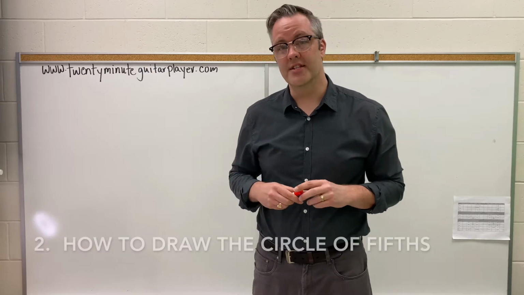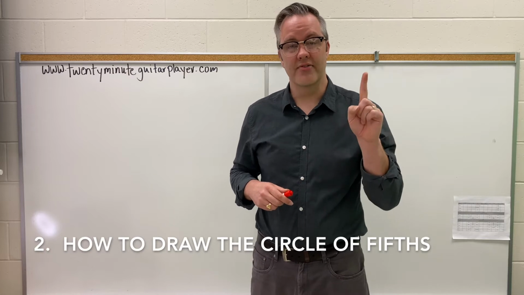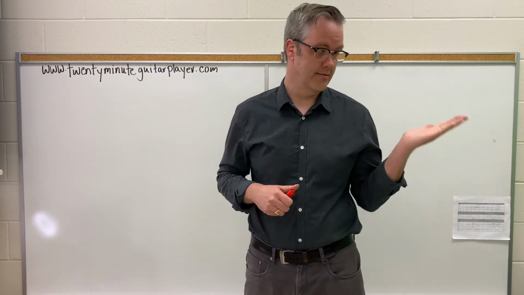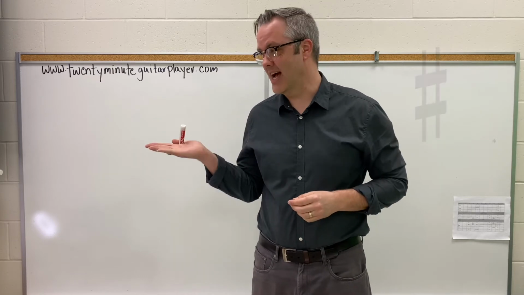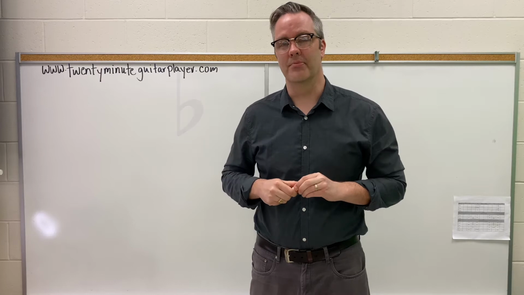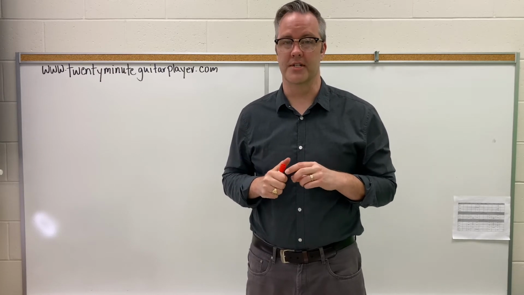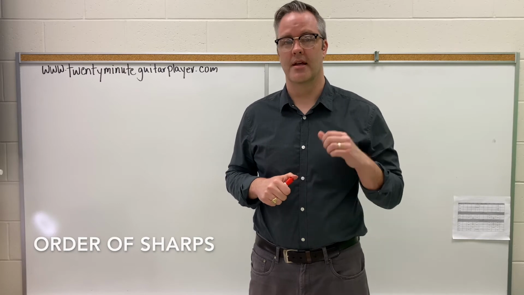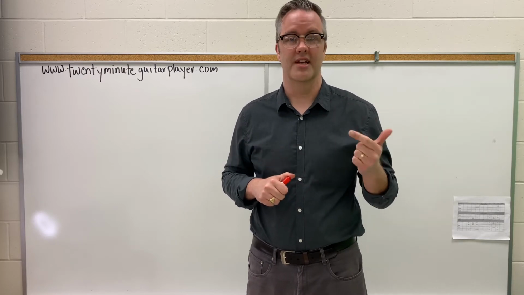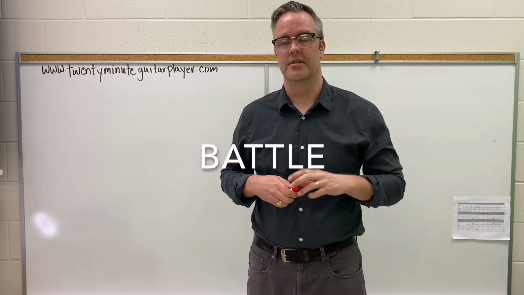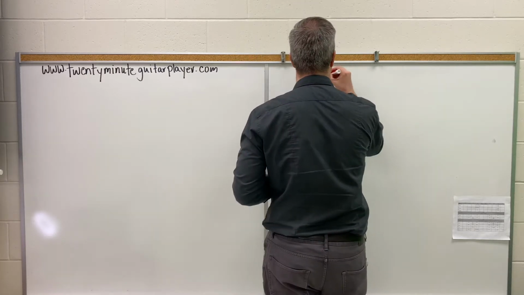So when drawing the circle of fifths, the very first thing you do is you write down the order of sharps and the order of flats. I have a mnemonic device to help you remember the order of sharps and the order of flats. The order of sharps goes like this: Father Charles goes down and ends battle. So let's write that down over here.